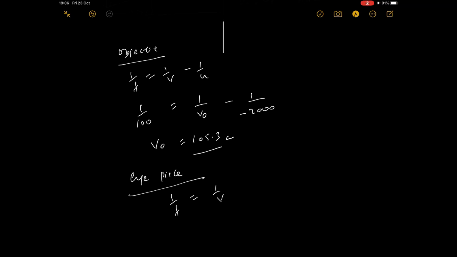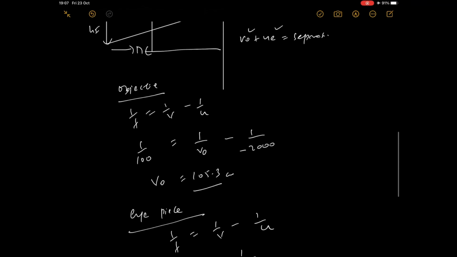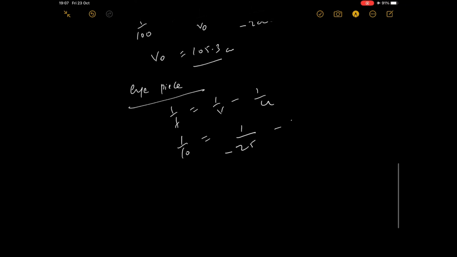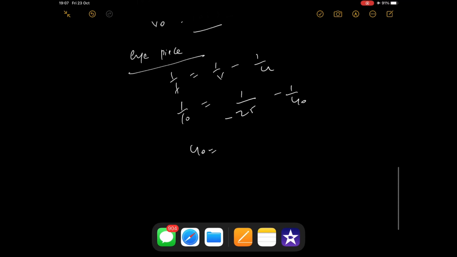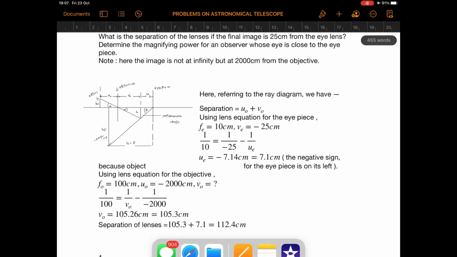And for the eyepiece, 1 upon f is 1 upon v minus 1 by u. The focal length of the eyepiece was 10. The image was formed at the near point, which is 25, but because you are measuring to the left, it's minus. So when you do this calculation, the UE is coming to be 7.14 centimeters.